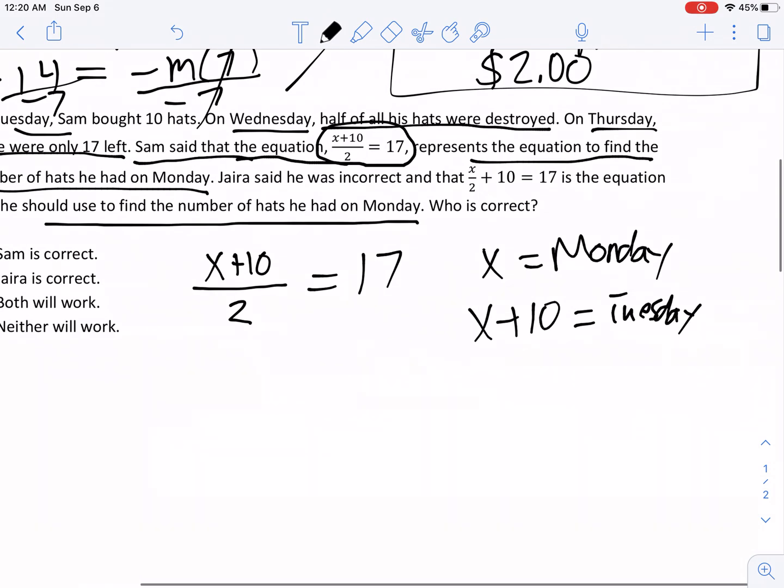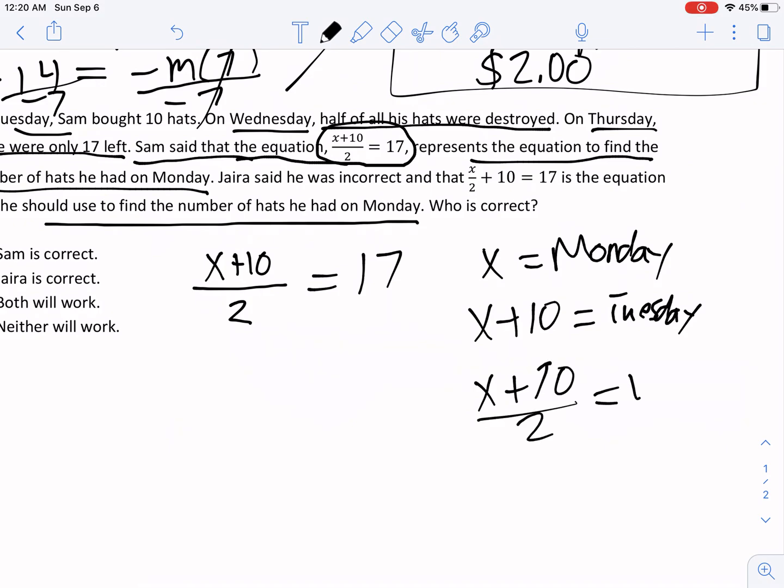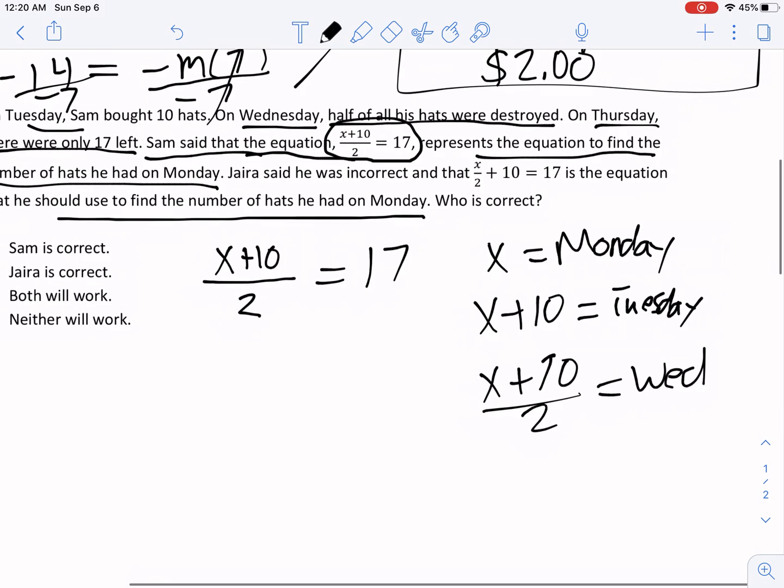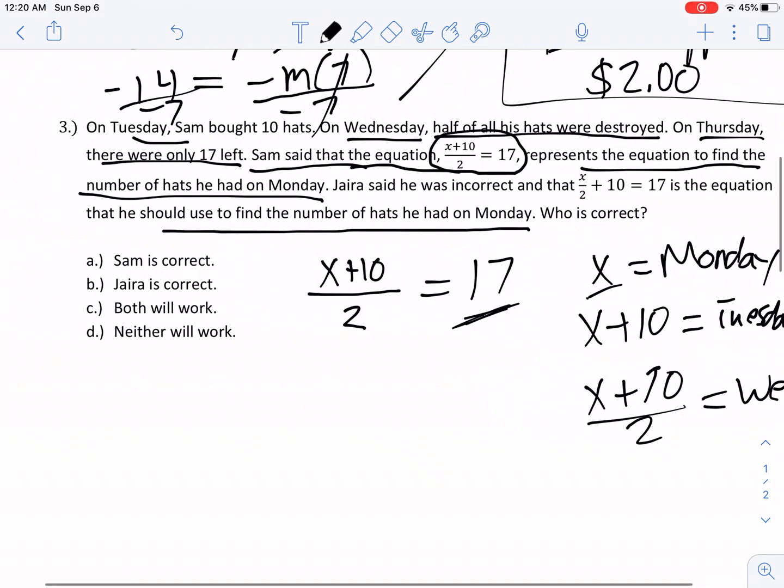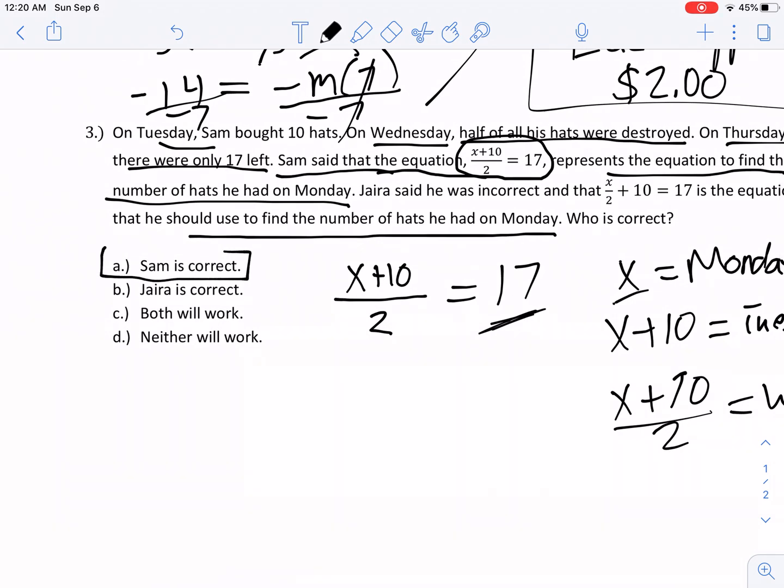And then on Wednesday, we divided everything by 2 because he only had half of it. Okay, so if we use this equation here, we know by Thursday he had 17. That would be able to help us to solve what he had on Monday, which was X. So Sam is correct. Okay. So please let me know what questions you have on this, and we'll work on this tomorrow.